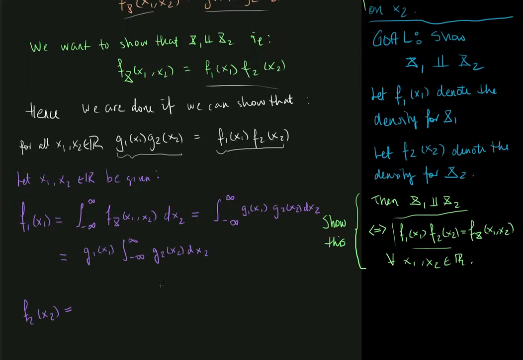And the reason why it's just some number is because right now I really don't know what it should be, because g2 is not necessarily a density, it's just some function. So we don't know what this is. However, we do know that it is well defined, because g2 is a non-negative function, so this integral is at least non-negative, so it's not a too weird integral.